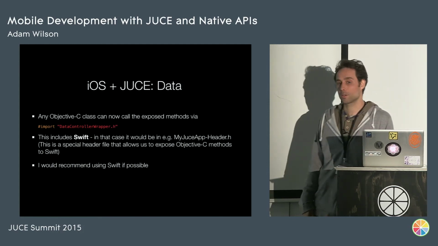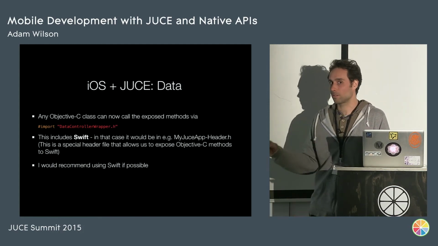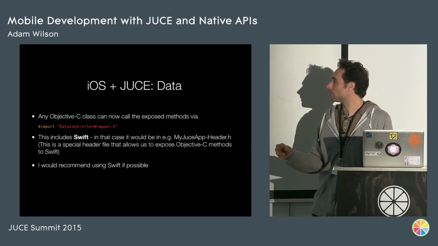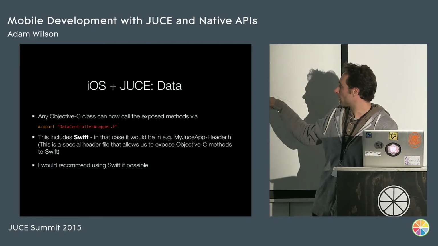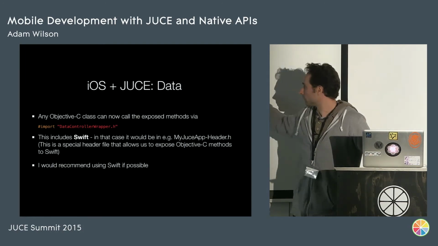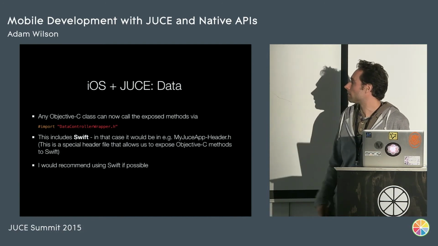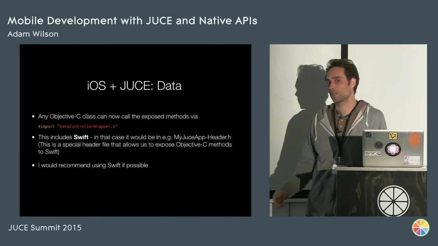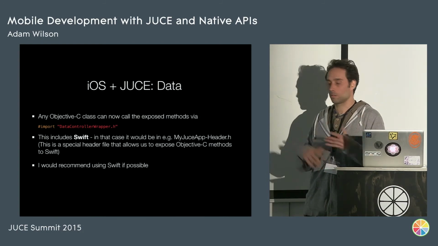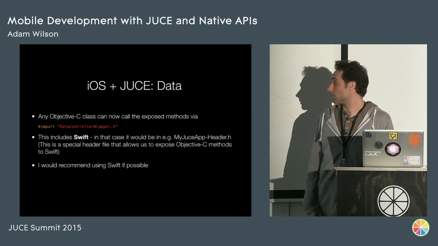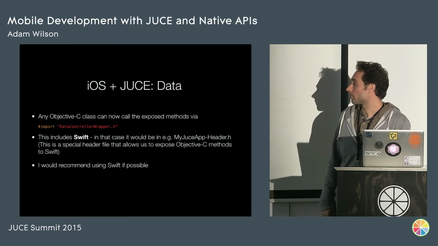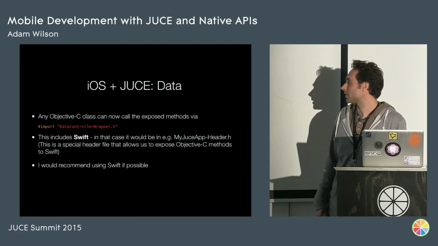It's not that difficult to use. You need to create a header, like the title of your JUCE app-header.h, and then you just do that import, and that will expose the Objective-C methods to your app, so you can use them in Swift. And I'd really recommend using Swift if you can.